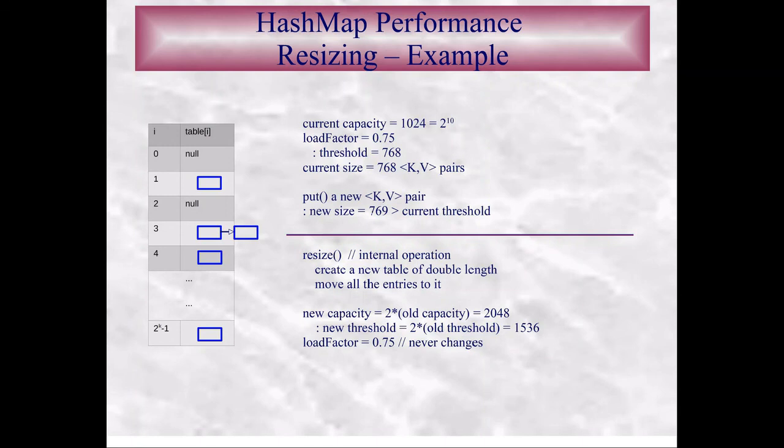Load factor is the one telling when to resize. It never changes, it only dictates when to resize. So in this case, the put operation that places the entry beyond the threshold is a linear operation. Your constant time put operation turns into a linear operation when you hit the threshold.